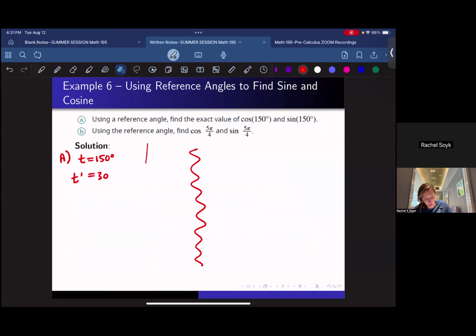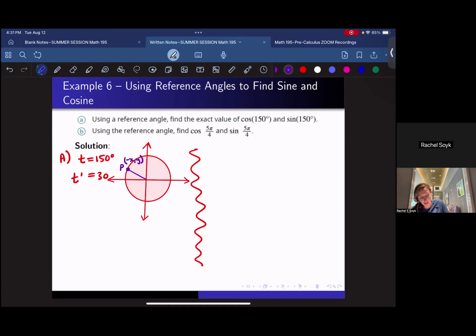But we also want to look at this, and I'll teach you the acronym in a moment, with our trig functions being positive and negative in certain quadrants. We know straight off the bat that 150 lies in the second quadrant, so this coordinate point, we'll call it P, is going to have a negative x value and a positive y.